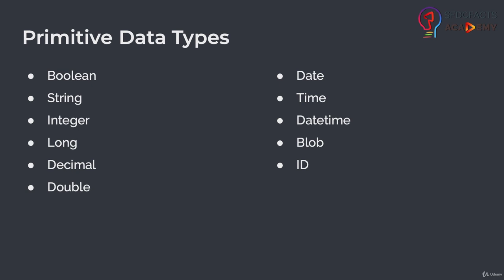The string can store string data. We have already seen an example of it. We have already seen an example of the integer data type as well, which can store a number. Long can also store a number. The difference between integer and long is the number of digits they can store.